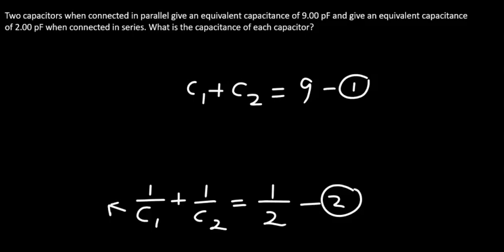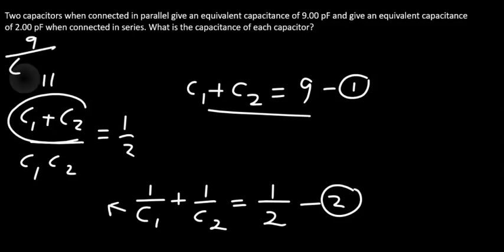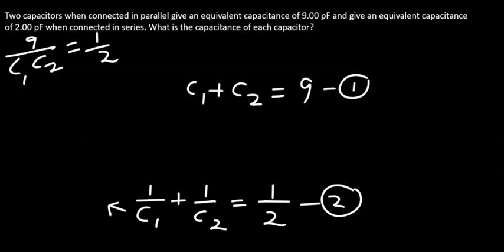Let's rewrite the second equation. C1 plus C2 over C1 C2 is half. But we know C1 plus C2 is 9. So that means this equation becomes 9 over C1 C2 equals 1 over 2, which indicates C1 times C2 is 18.